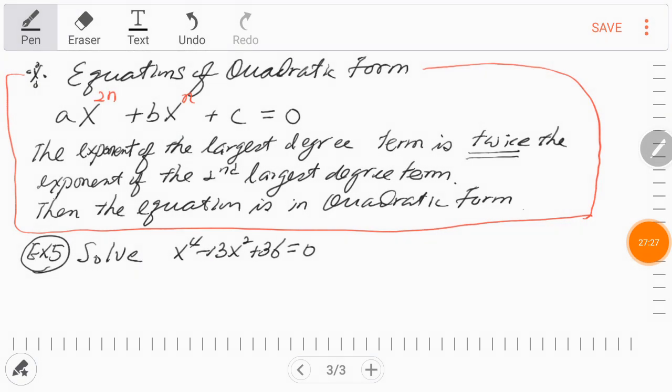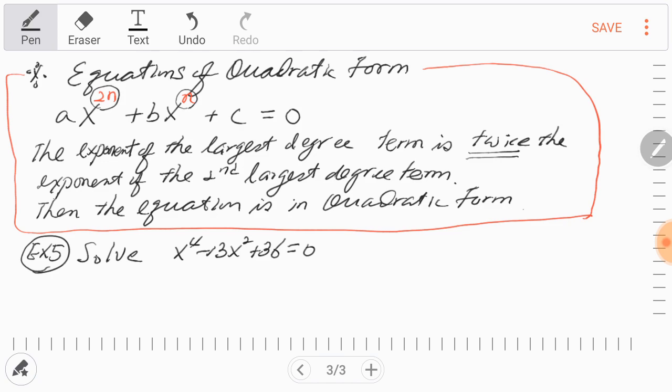Okay, in this example, we will learn about equations of quadratic form. If an equation is in quadratic form, it is something like this. The largest exponent, the highest degree term, is in this case 2x. So the largest exponent is twice the exponent of the second largest degree term.